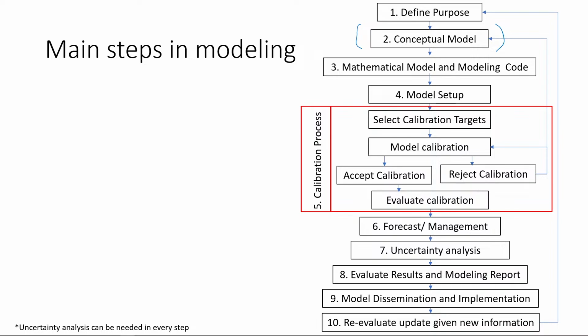What we mean by conceptual model could be different in different fields, but in hydrology and water resources engineering, it is your conceptualization of the problem, including your data and your boundary conditions.